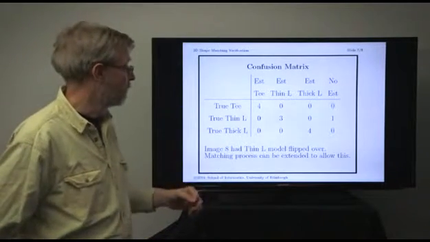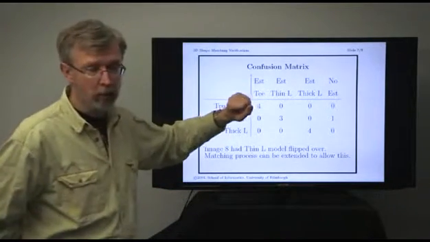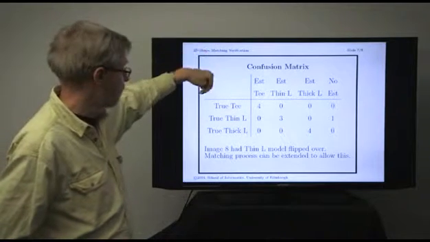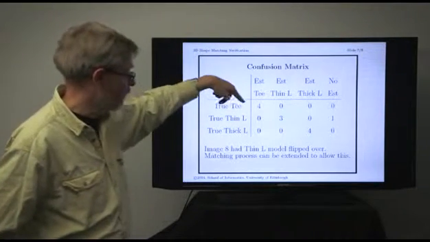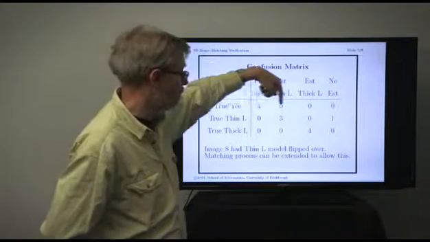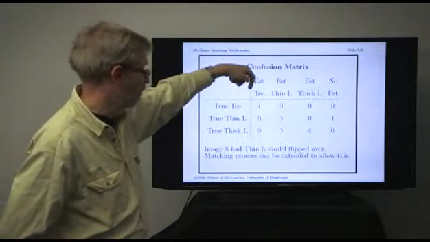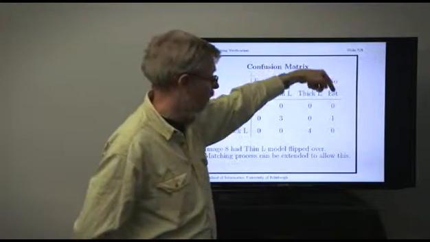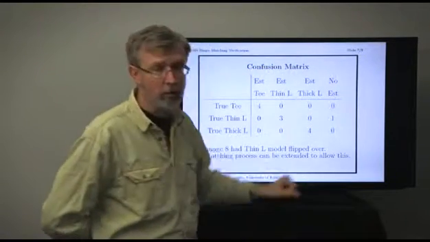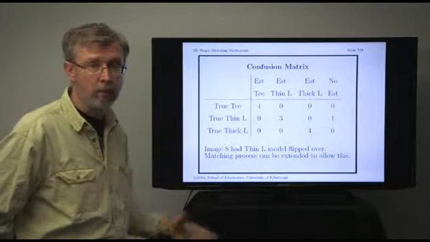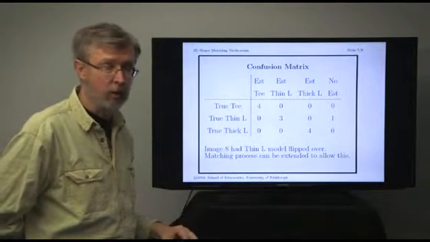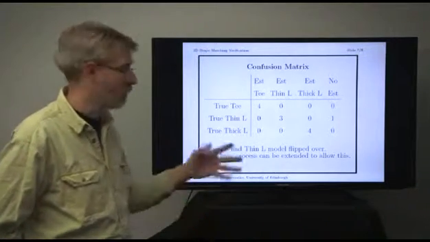This is a summary of how well we've done in a representation called a confusion matrix, where we say for each of the true shapes right here, how many of them were estimated in each of these different categories. And it could be in the 3 known shapes, or perhaps no matching actually took place, no correct matching of estimating the translation and the rotation and then the verification. Something went wrong.